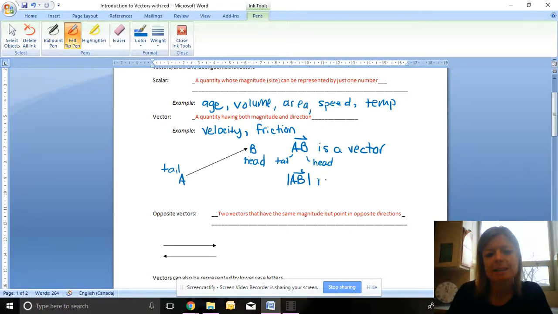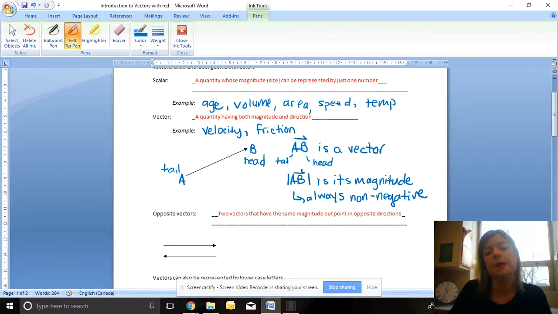So this is its magnitude. Something else to consider about magnitude is that it's always non-negative. That means it can be 0 or a positive number. You cannot have a negative magnitude.